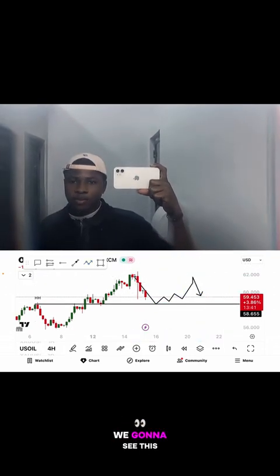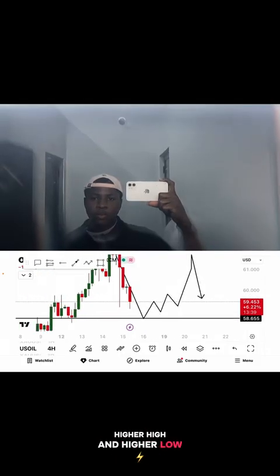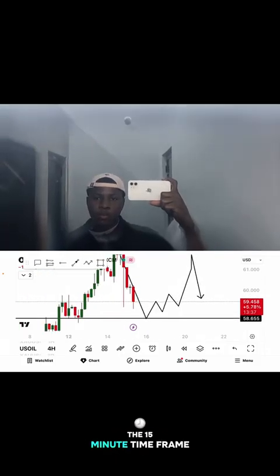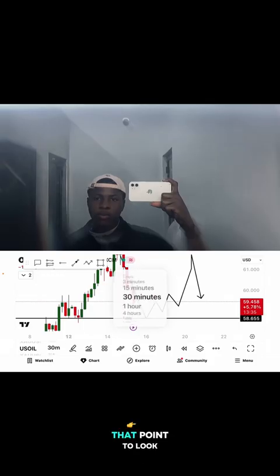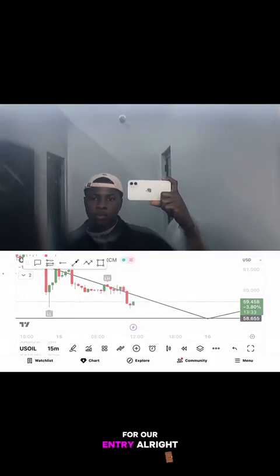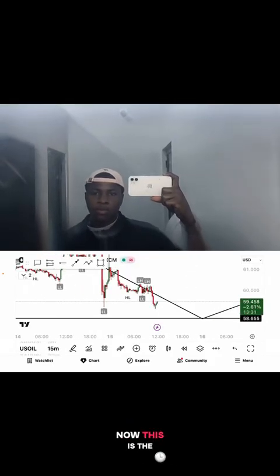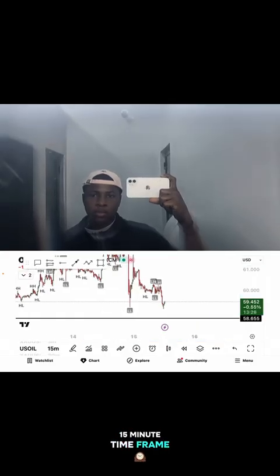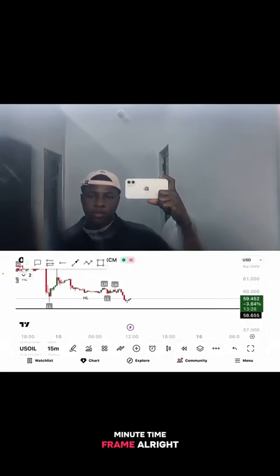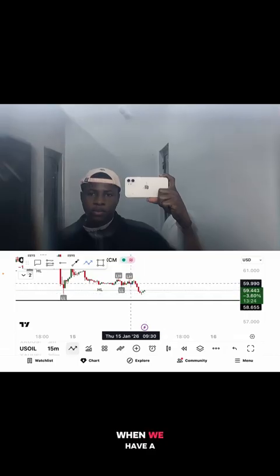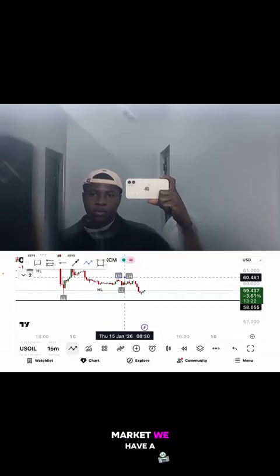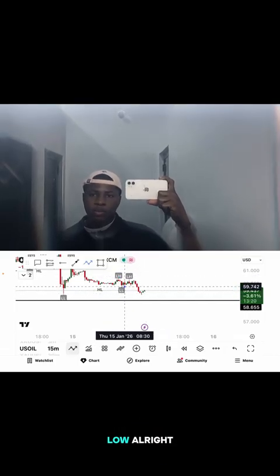Now, how are we going to see this higher high and higher low? We would switch to the 15-minute time frame once price gets to that point to look for our entry. Now this is the 15-minute time frame. When we have a lower high in the market, we have a lower low.